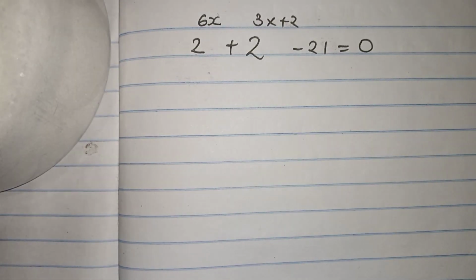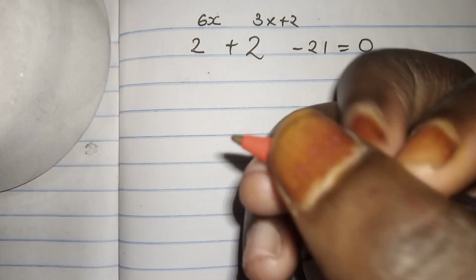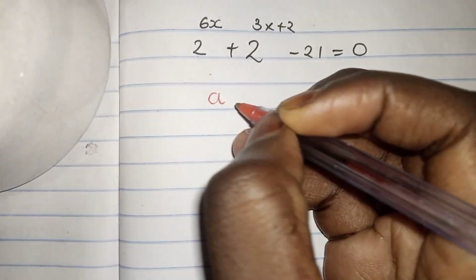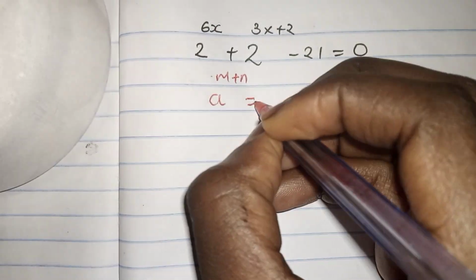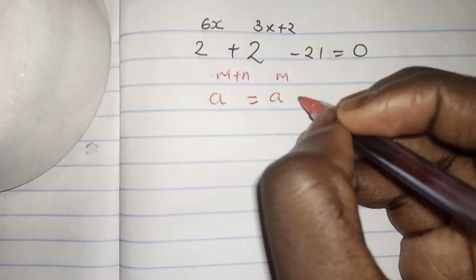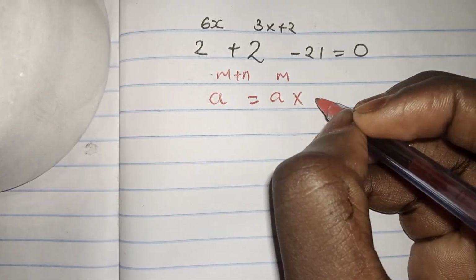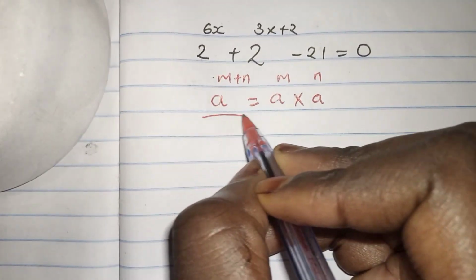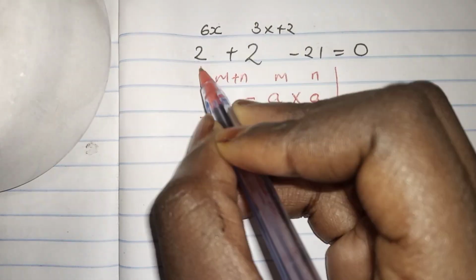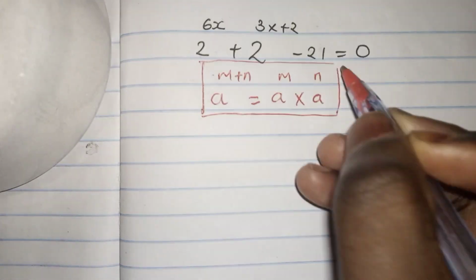So I'll begin by this exponential rule, where a to the power of m plus n is the same as writing a to the power of m times a to the power of n. So this is a rule that we are going to apply here.